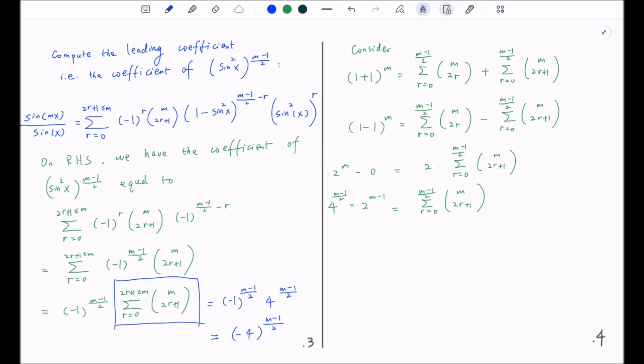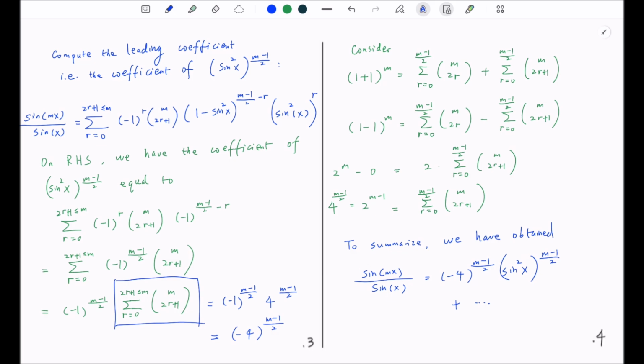And to summarize what we have obtained so far, we have obtained that the sine of mx divided by sine of x is equal to -4 raised to the power n minus 1 divided by 2 times sine of x squared raised to the power n minus 1 divided by 2 plus lower order terms in sine of x squared.